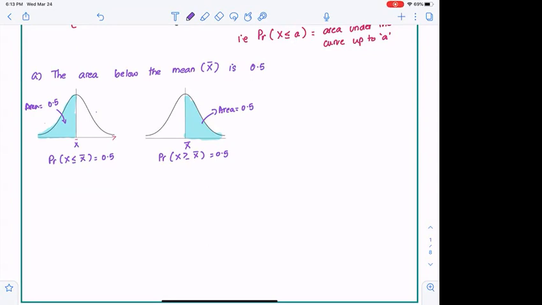So in total, the area under the entire curve is 1. And since these are probabilities, we could either call it 0.5 or 50%, 1 or 100%. Now we typically like to stick with decimal values.